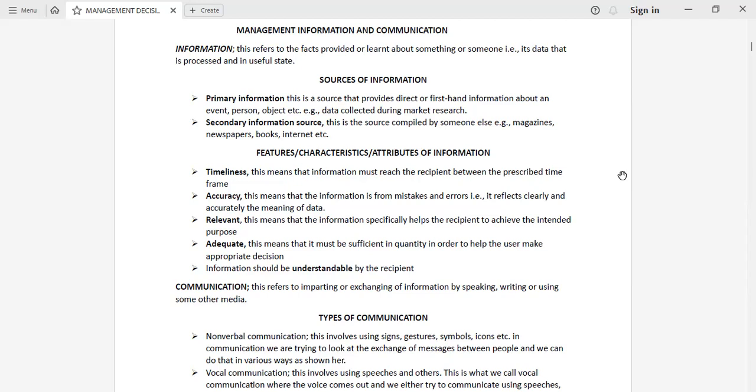Then the second one, we are looking at accuracy. Accuracy, the information should be at least free from errors. This means that the information is free from errors and mistakes. It reflects clearly and accurately the meaning of data.